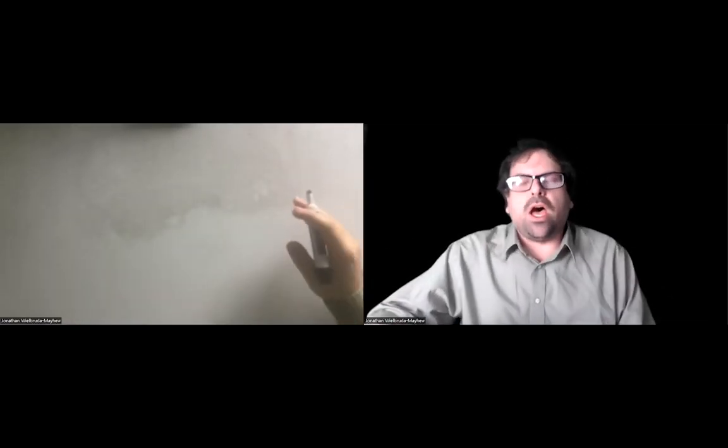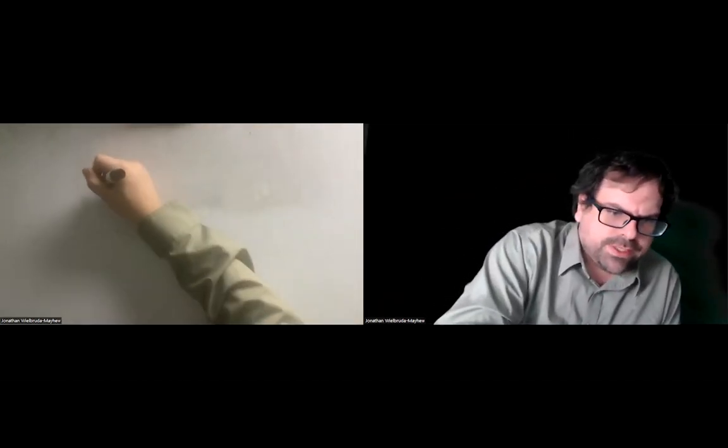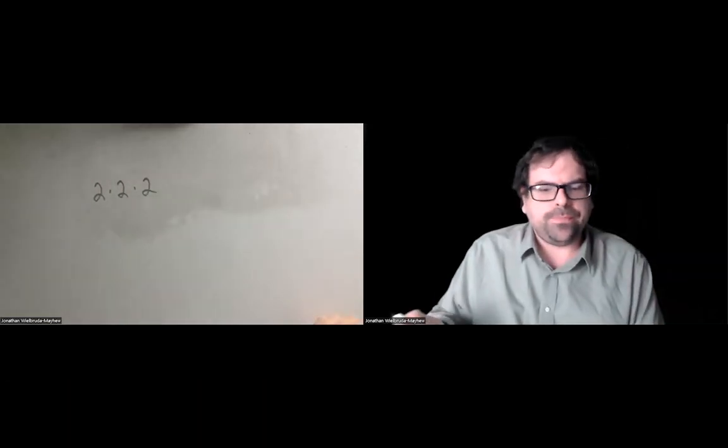The third objective in this topic: simplify expressions containing exponents. Hello, everyone. Today we're going to start by talking about something called exponential notation. So let's say we had repeated multiplication like 2 times 2 times 2.